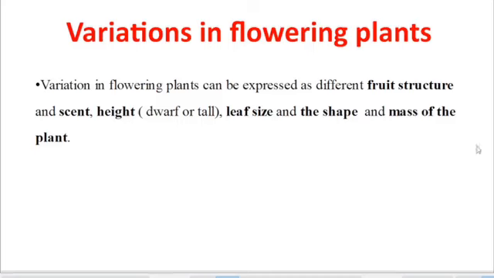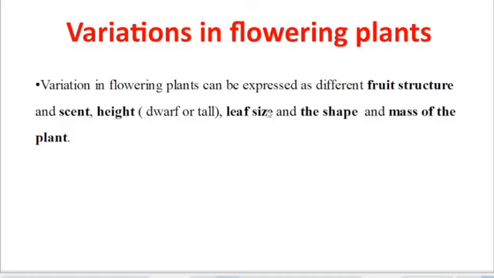We now look at variations in flowering plants. Variation in flowering plants can be expressed as different fruit structures and scent, height, leaf size, and the shape and mass of the plant.